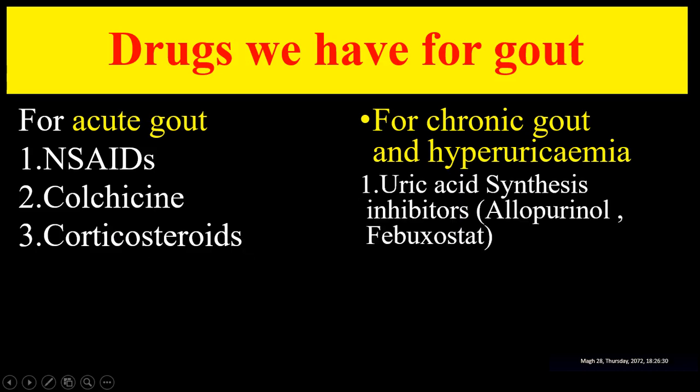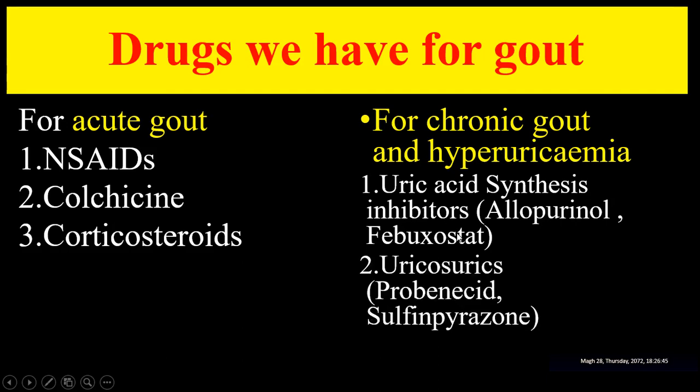And for chronic gout and hyperuricemia, we try to decrease the uric acid level, and we have two types of drugs. One is uric acid synthesis inhibitors, and another is driving uric acid out of the body through the kidney.